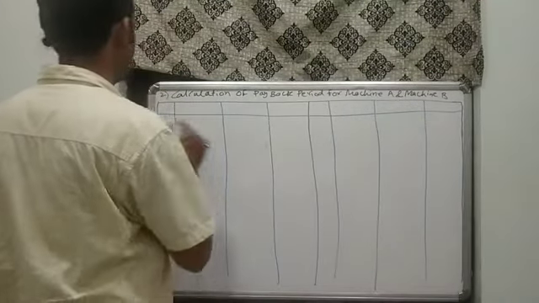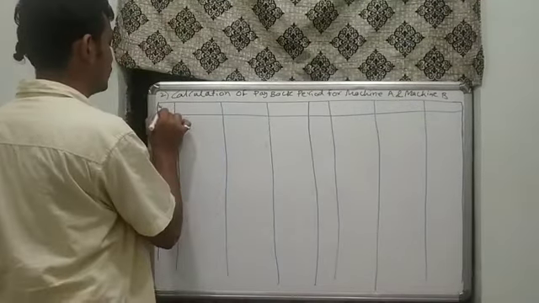So we would write here EAT, that is earning after taxes, plus depreciation, cash flows, cumulative cash flows, again here EAT plus depreciation, cash flows, cumulative cash flows.